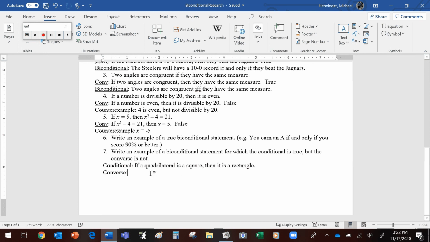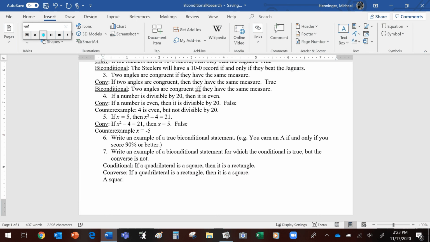Okay, now the converse would be if a quadrilateral is a rectangle, then it is a square. And I think we can all agree that this does not necessarily have to be true. Because like we just said, the definition of a rectangle doesn't say anything about the side length, but part of the definition of a square is all 4 sides have to be the same length. So this would be an example of a false biconditional statement.